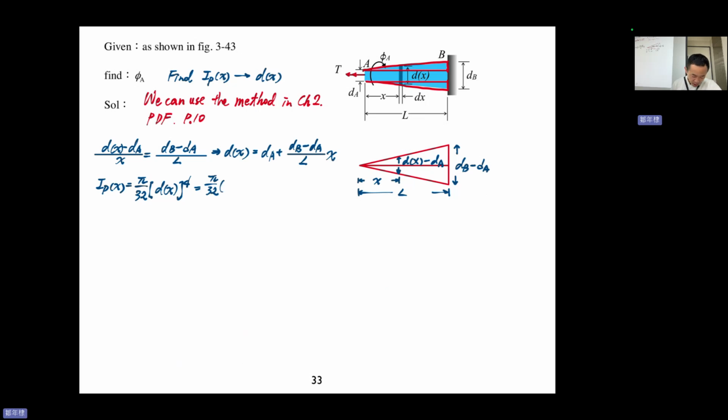Wow, a little bit big. dA plus (dB minus dA) divided by L times x, to the power 4. Okay, so this is IPX.